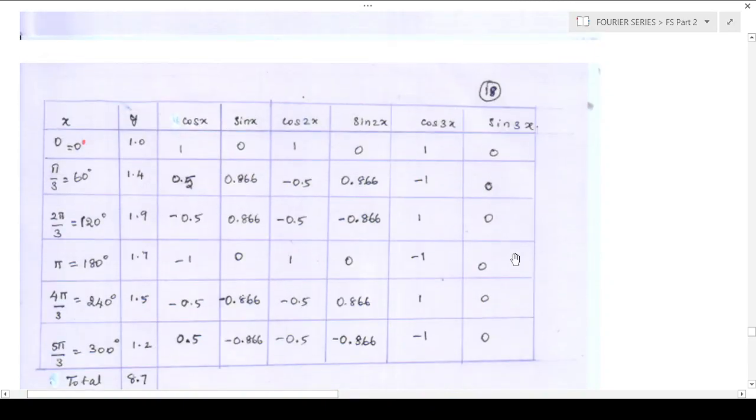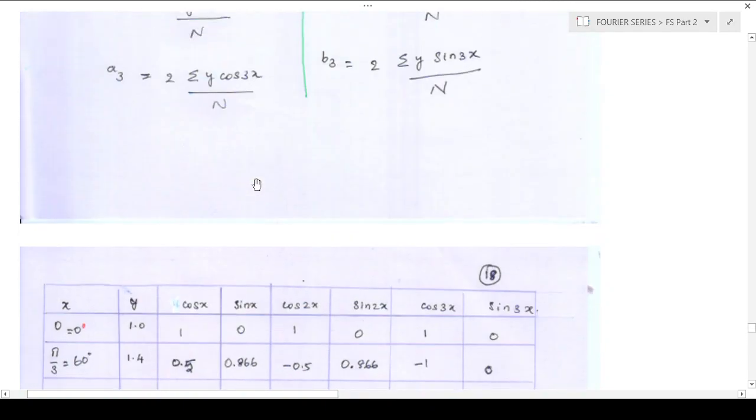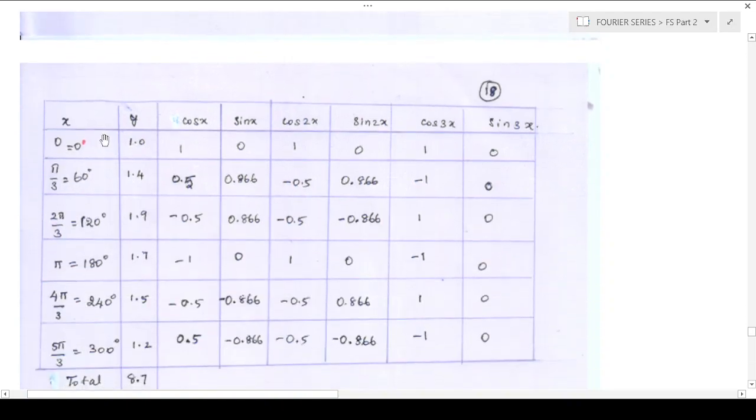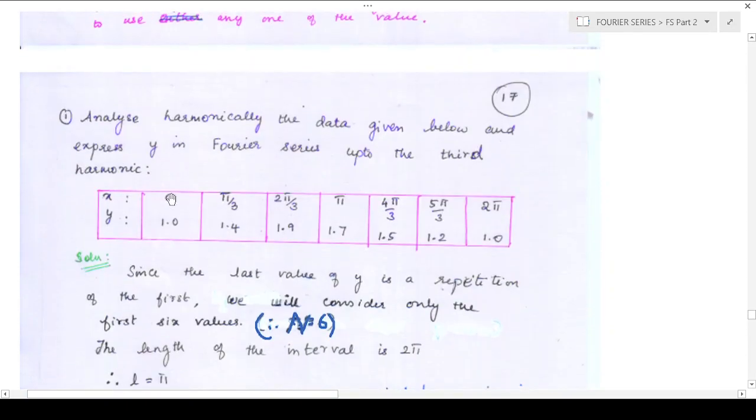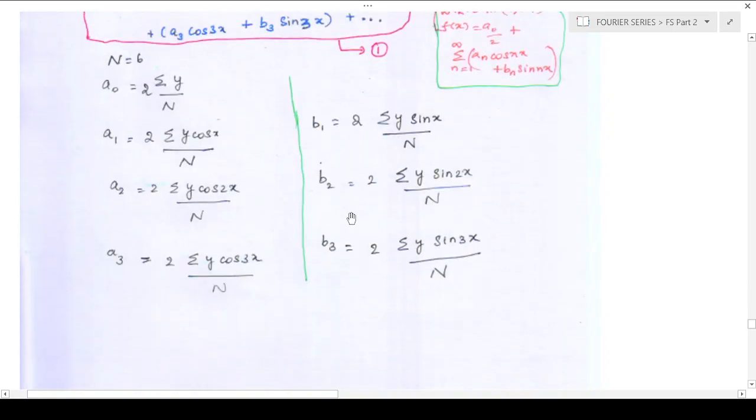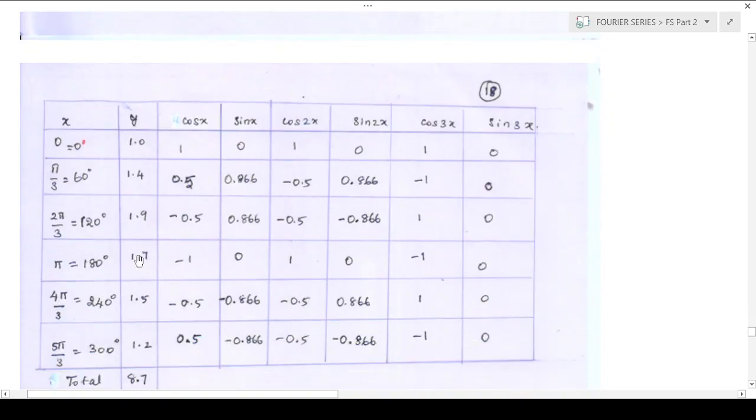Now, children, first, your calculator will always be in the degree mode. The x values given here are 0, pi by 3, all in radians. First write the x value, then the y value. What I want you to do is just make it in degrees. 0 degree, pi by 3 is 60 degree, 2 pi by 3 is 120 degree.